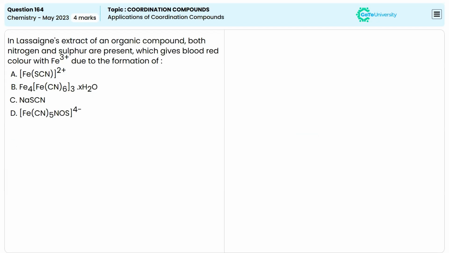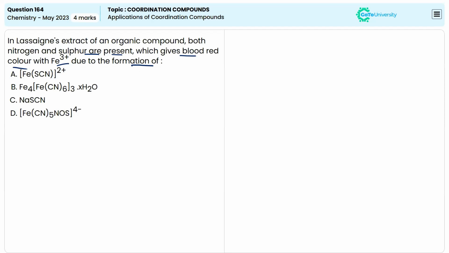In Lassaigne's test of an organic compound, both nitrogen and sulfur are present, which gives blood red color with Fe3+. This color is due to the formation of which of the following compounds? This is the question. So first let us analyze the Lassaigne's reagent.